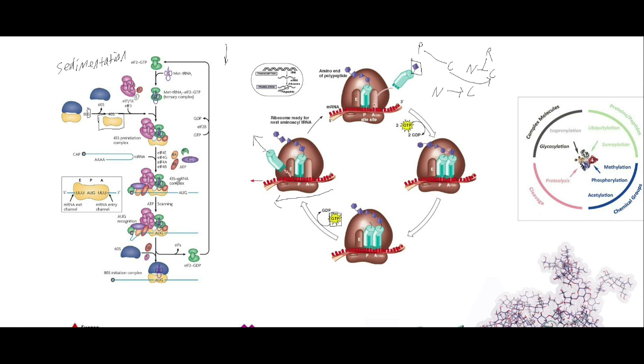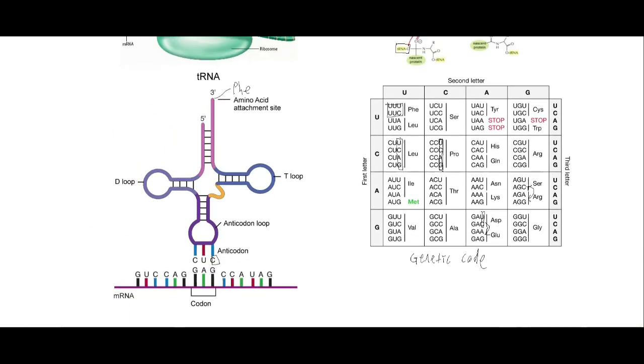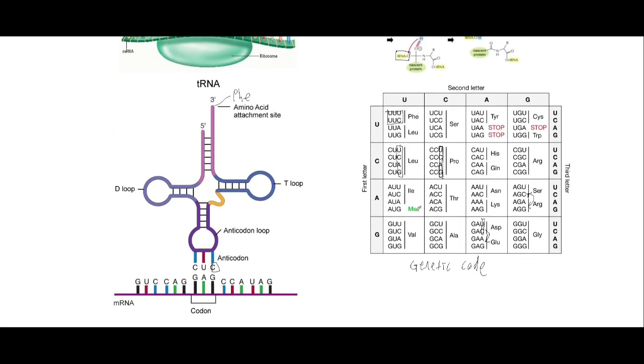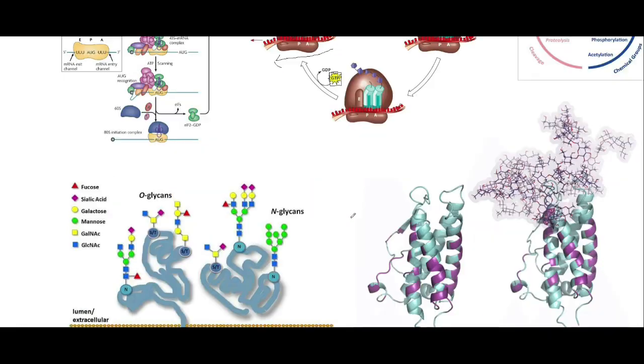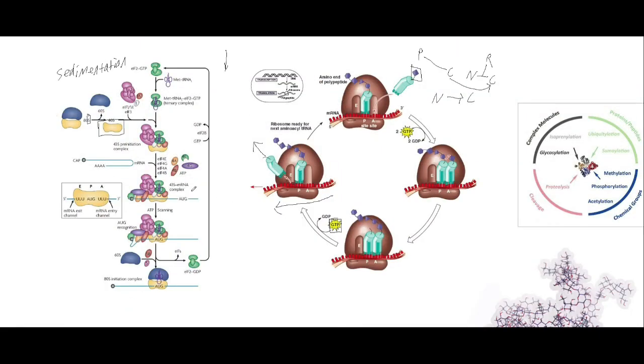Anyway, we end up with this, and what happens is it's bound to our mRNA, and it scans along the mRNA until it gets to this AUG, which, as we saw up here, is our methionine. So it's looking for that methionine codon.